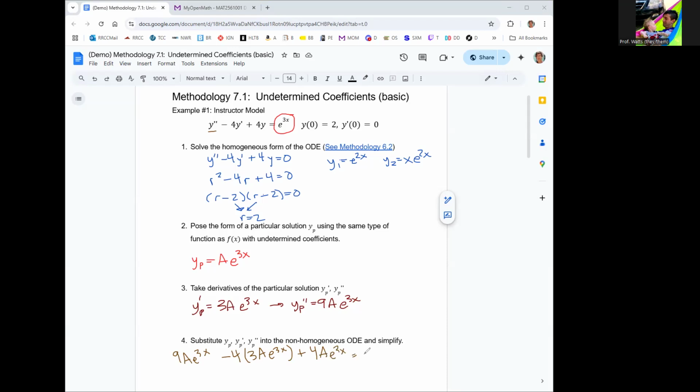On the right side, we just have an e to the 3x. We should be able to solve that and figure out what A is. That capital A is our undetermined coefficient.